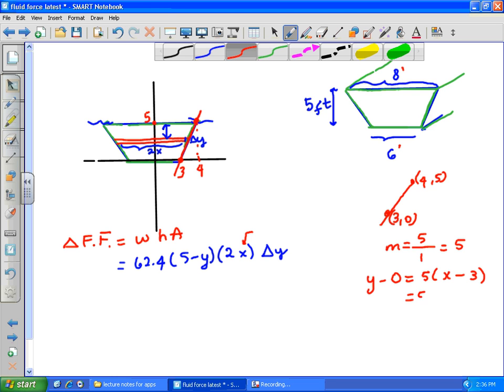So I'm getting y = 5x minus 15. But remember, I need to know x in terms of y. So let's do that. y plus 15 equals 5x. So x is equal to (y plus 15) all over 5. Now we can put that information up here.